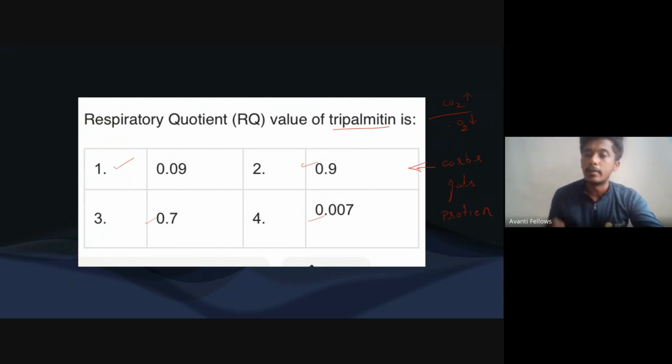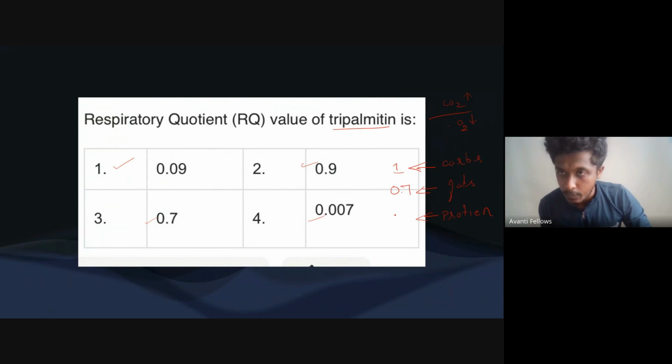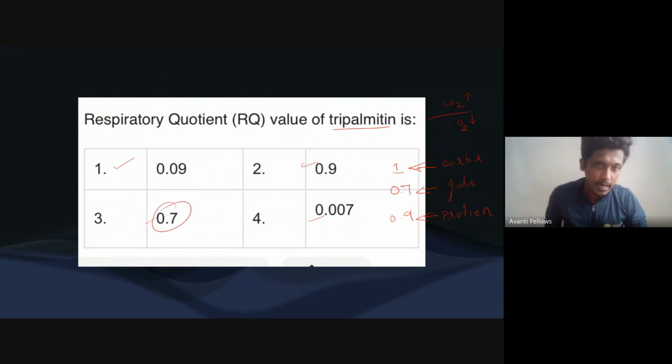When you take carbohydrate like glucose and burn it, the amount of oxygen taken and the amount of carbon dioxide released is equal. So when we divide anything, 2 by 2 is what? 1. Similar to that, in carbohydrates also you'll get 1. But in fats, the respiratory quotient is a little less, so it comes around 0.7. In proteins, it is a little less than the carbohydrates but higher than the fats. It comes around 0.9. Very important, very easy. So remember these values. Tripalmitin is a fat, so it's 0.7, students.